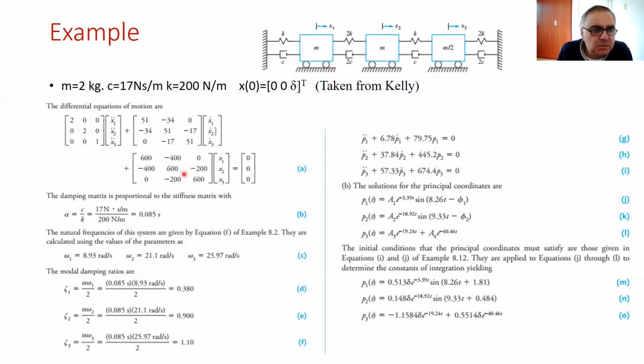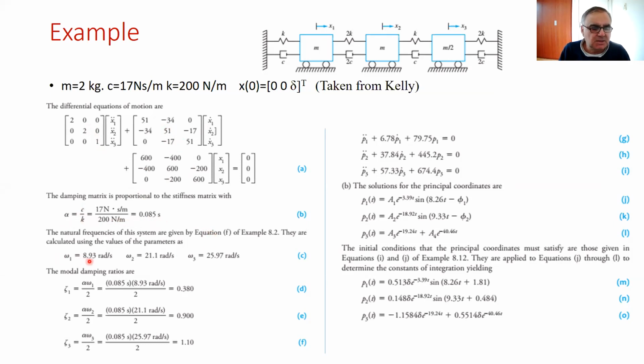The equation of motion can be written as follows. The damping matrix is proportional to the stiffness matrix, so you can write C is equal to alpha times K. And the proportionality constant can be found from C over K. So these two matrices are proportional to each other. You don't even have to use the mass matrix.